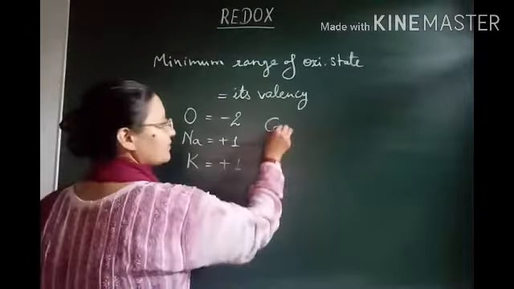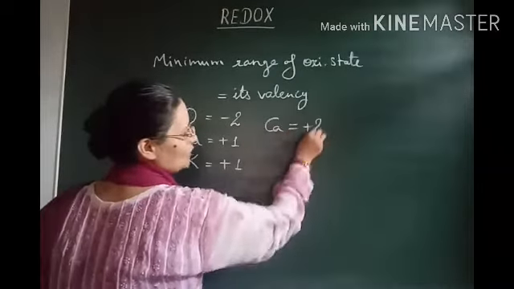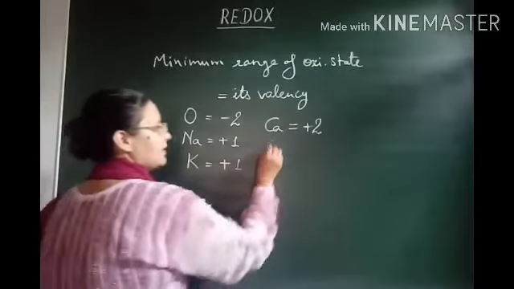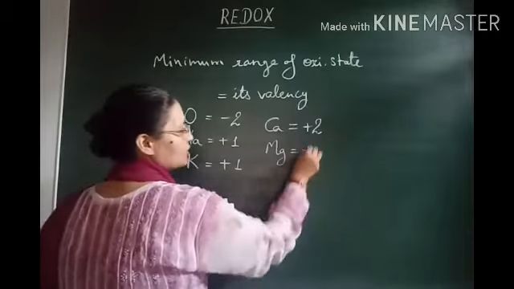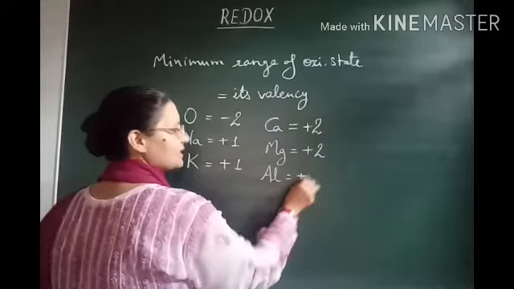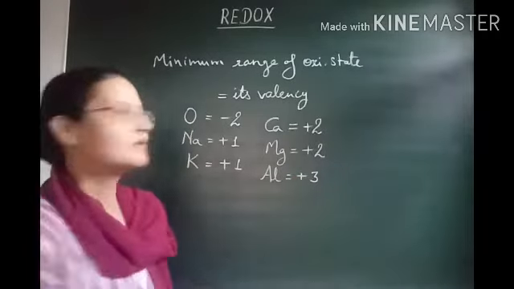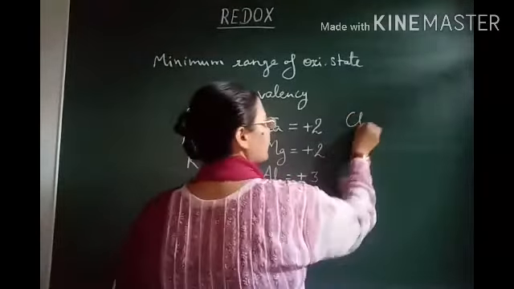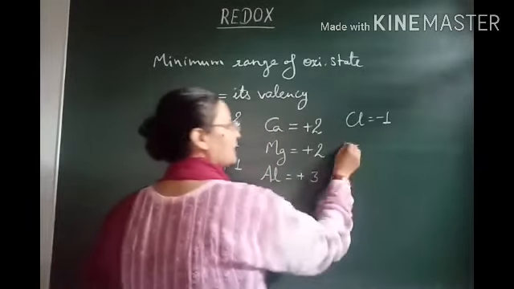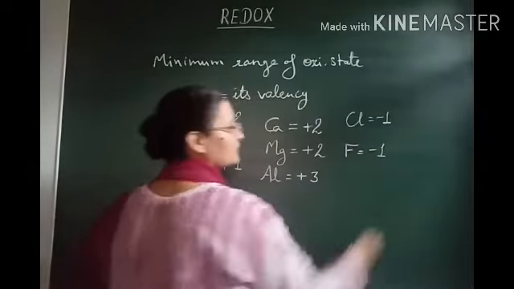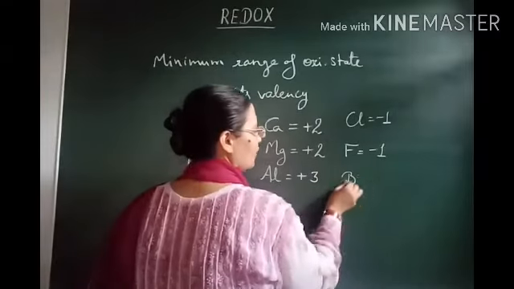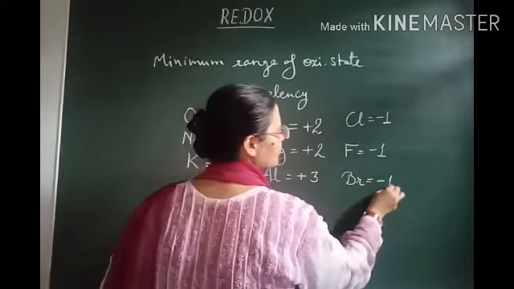For calcium, valency is +2, so the minimum oxidation state is also +2. Magnesium of the same group also has +2. Aluminium, the valency is +3, and so on. Similarly for chlorine, the valency is -1. Fluorine, it is also -1. Bromine, it is also -1.